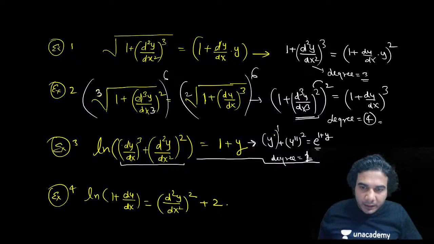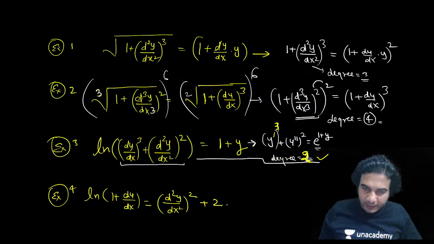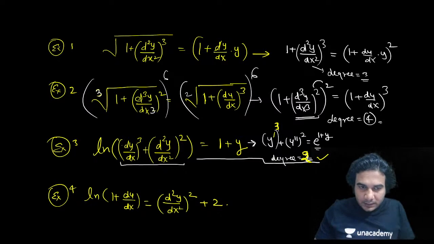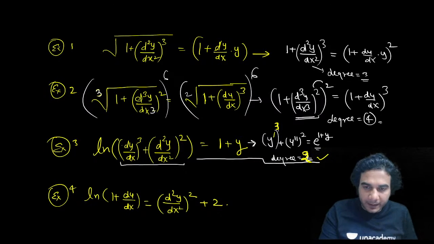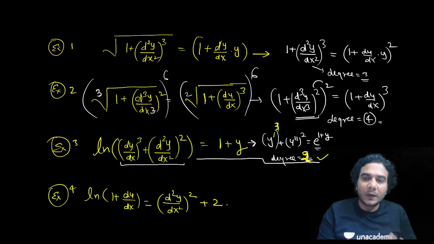Okay, you're right. It is y dash to the power 3. Okay, so degree is 2. Yes, degree is 2. You're right. I just copied y triple dash. It was y dash cube. So degree is 2. Yes, correct.